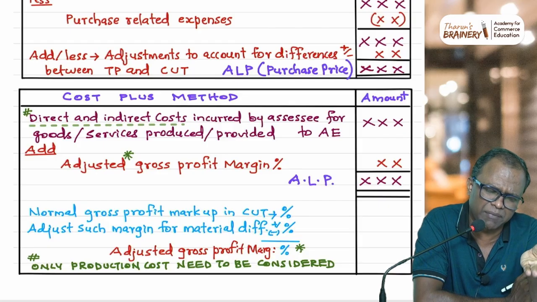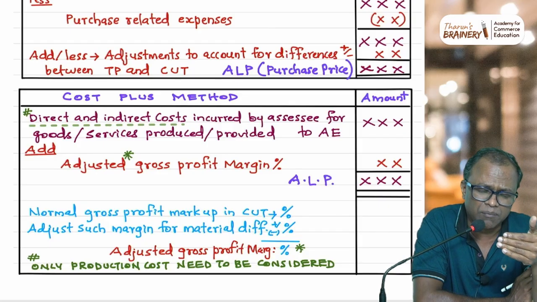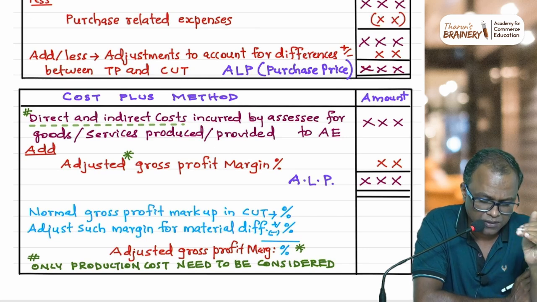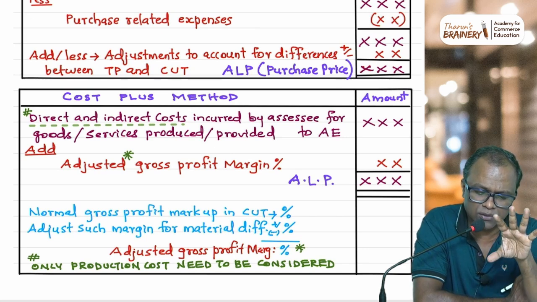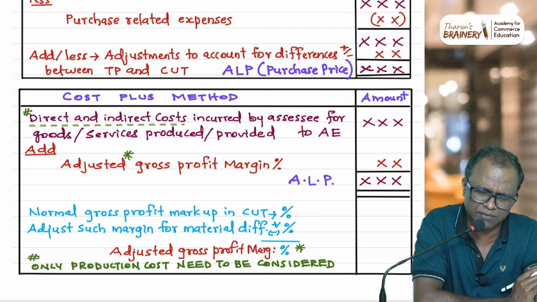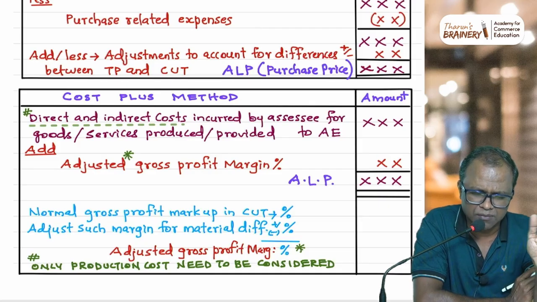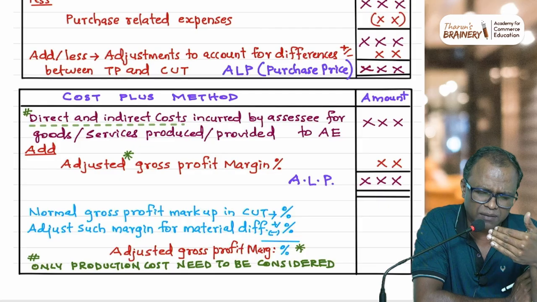We manipulate the price so that the profit can be reduced. So they are saying the actual cost cannot be manipulated because it's audited and books and documentary evidence is available. So that should not be touched. But we should think about the profit margin, because that is where people usually make the manipulation.